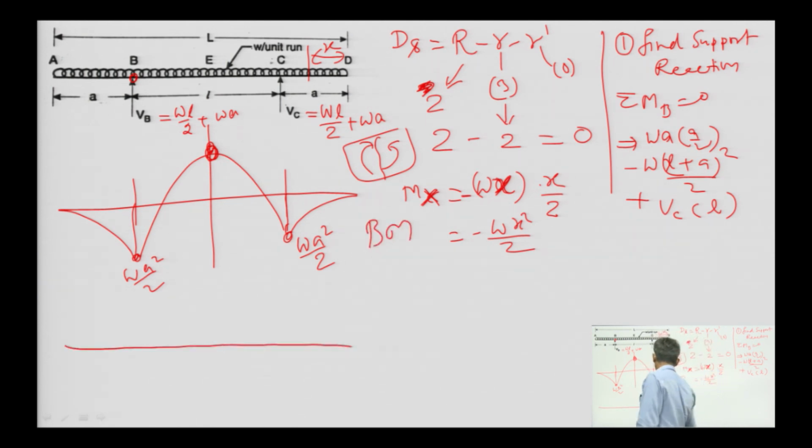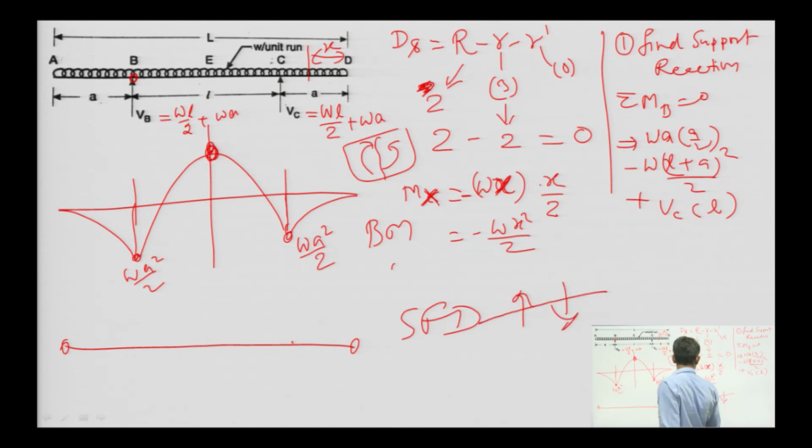Similarly, SFD can be plotted. SFD here it is 0. Here VC, due to this one sign convention has been taken for SFD, so downward force will be taken as positive.